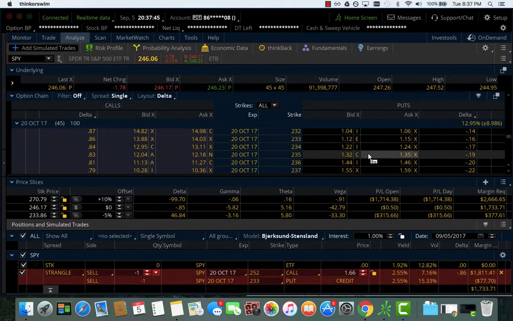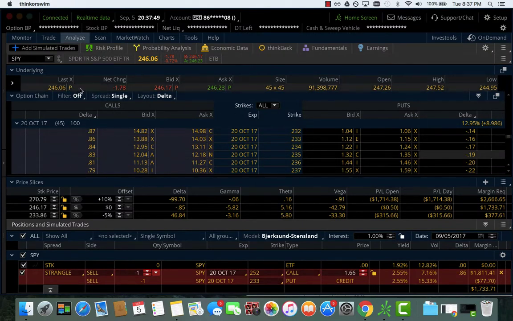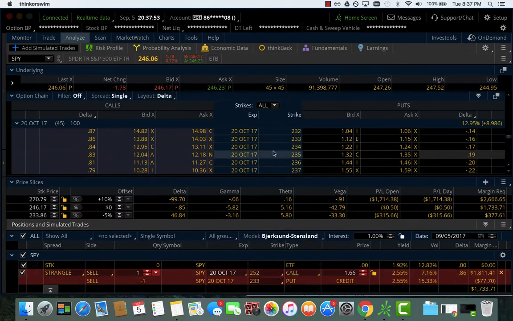So as an example, if SPY, which is at 246 right now, goes up to 252, that 233 put is not going to be 16 deltas. It's probably going to be a lot less. So what we want to do is buy back that 233 put and then immediately sell whatever is the 16 delta put.